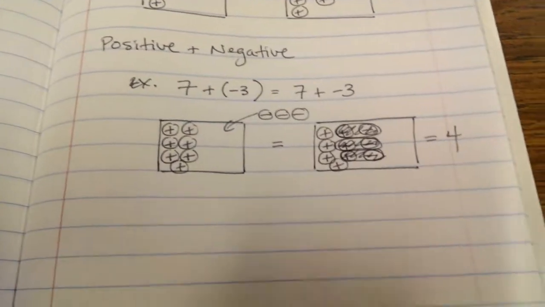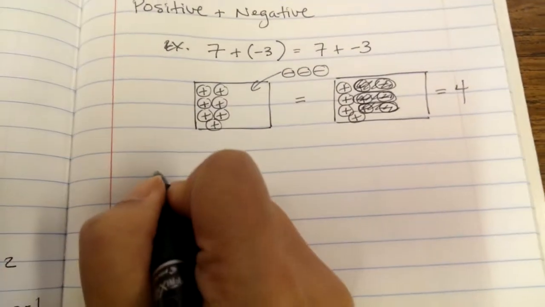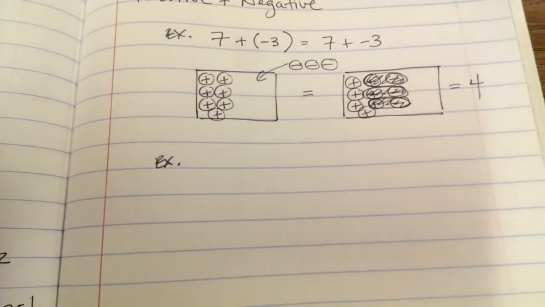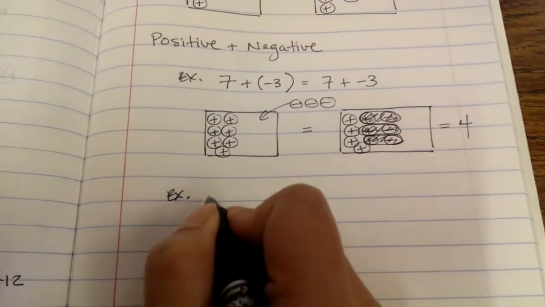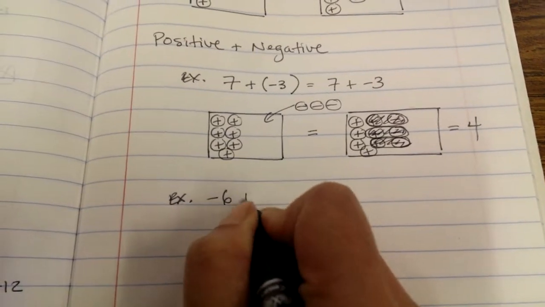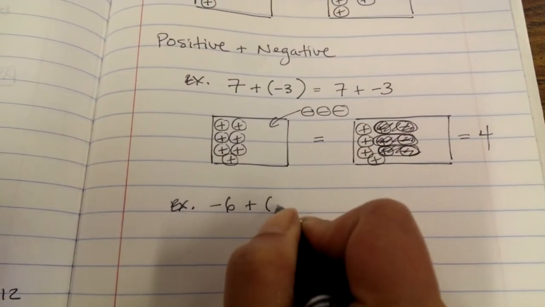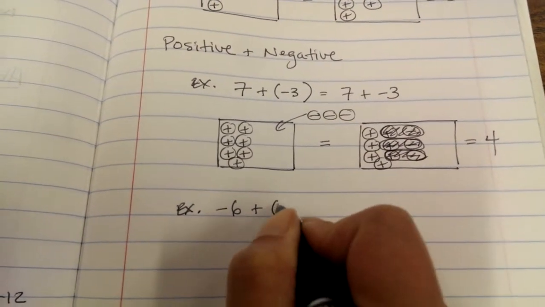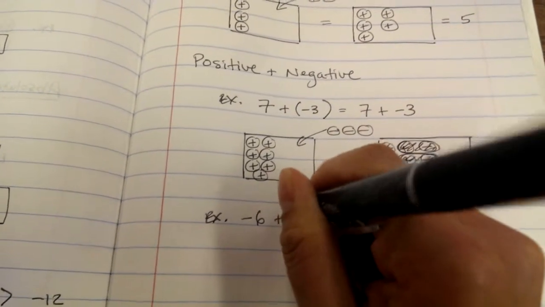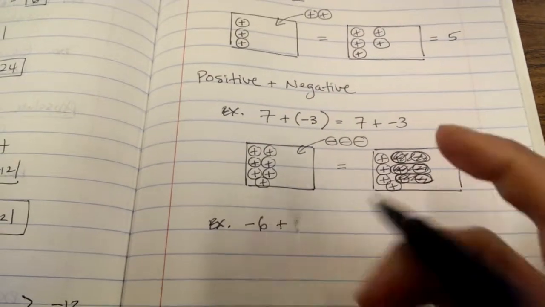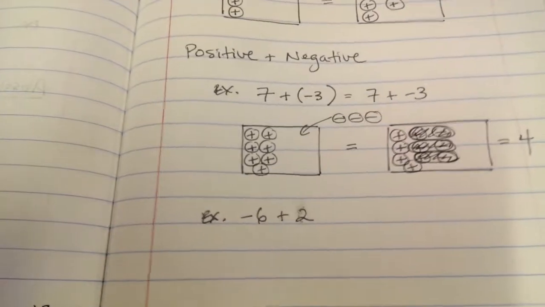There. Let's do another one. Okay, this time, let's start with a negative. Let's say we have negative 6, and we're going to add in 2.